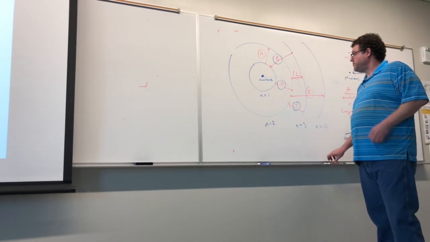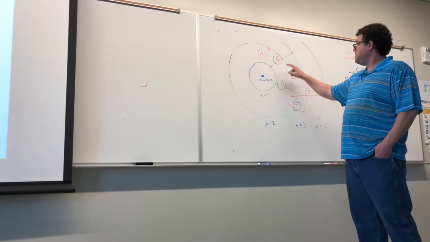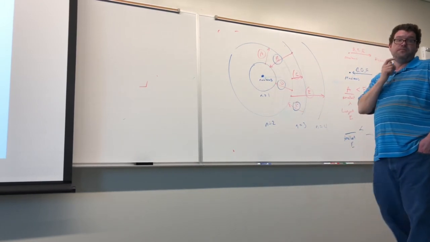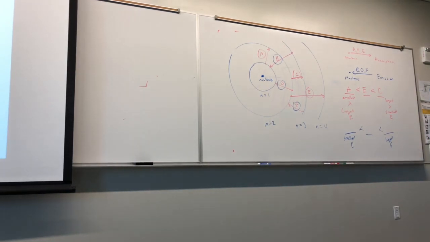So you've got 2 to 1, 3 to 1, 3 to 2. Why do you think that? Because 2 to 1 is bigger than 3 to 2. That's correct.